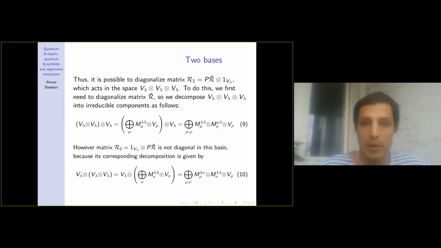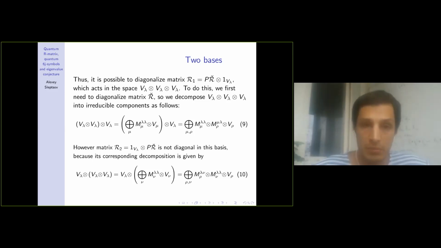It is clear that the matrix R2 is not diagonal in this basis because its universal R matrix acts in the tensor product of the second component and the third component. We should consider another decomposition, which is given by formula 10. So we first take the decomposition between the second and third components, then multiply by the first component from the left and take the decomposition once again.